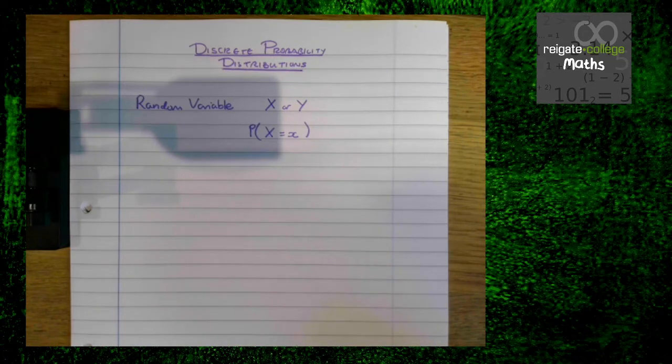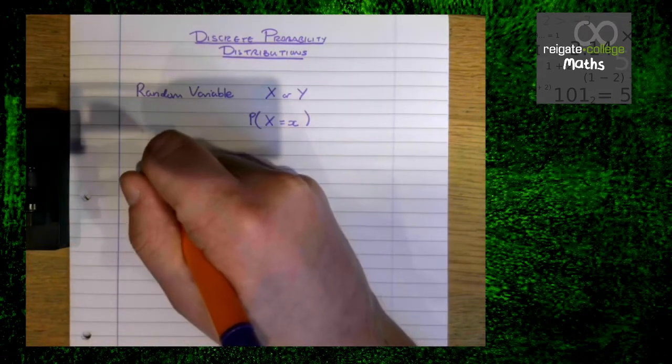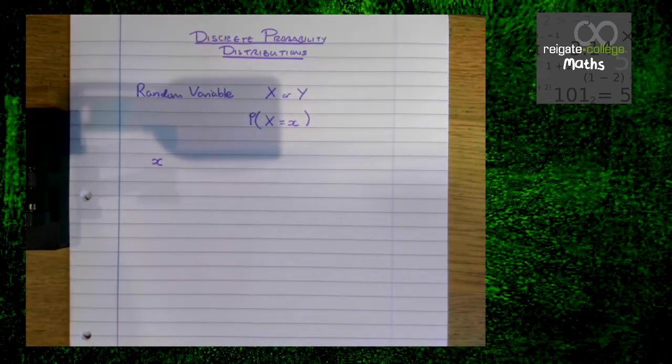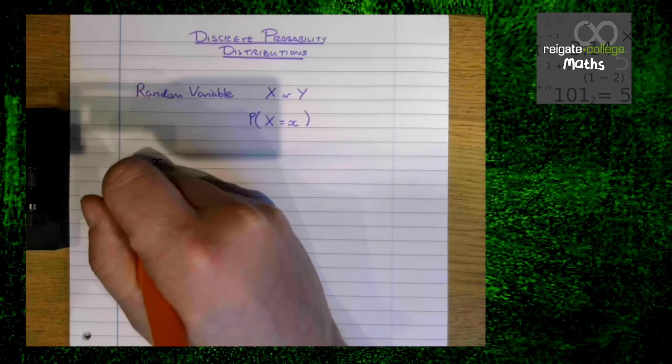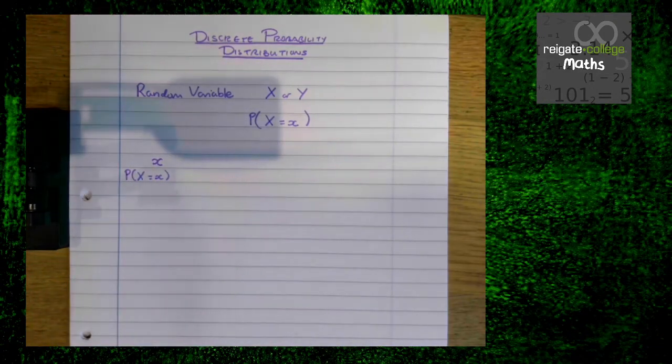So in an experiment, a random variable can occur a certain number of times. So let's think about rolling a 6-sided die. The possible outcomes are little x, and the chance of that outcome happening is the probability of our random variable capital X being equal to the number that we roll.